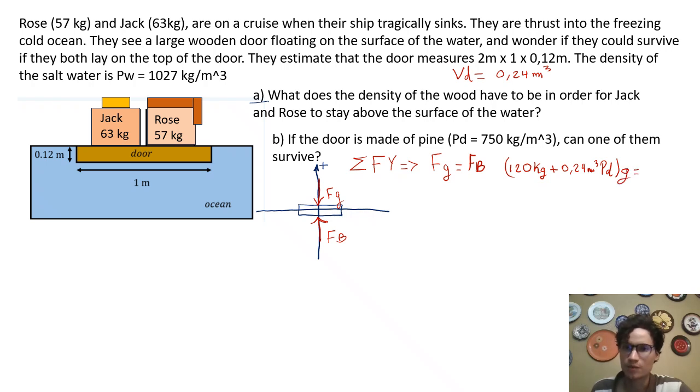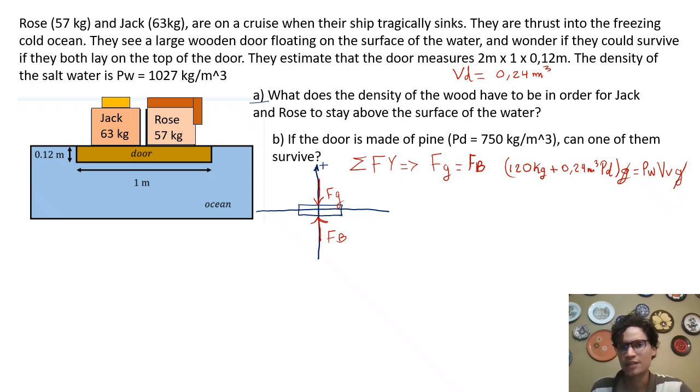And this must be equal to the density of the water times the volume of the water times gravity. So we have gravity on both sides of the equation, so it is irrelevant. We just simplify with the gravity.